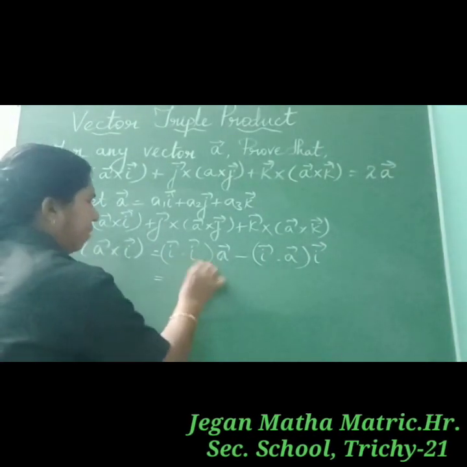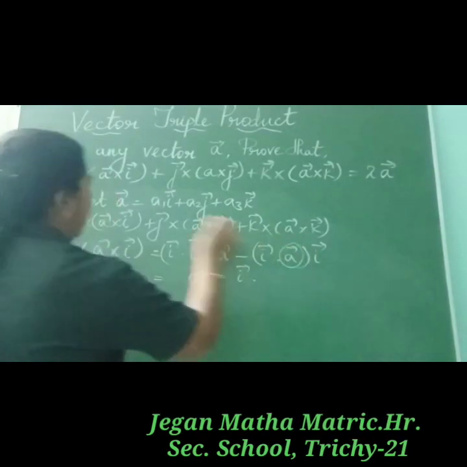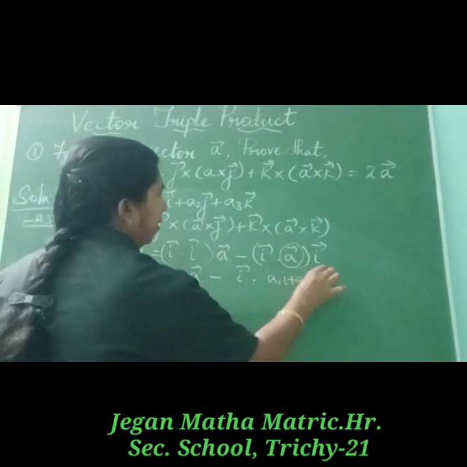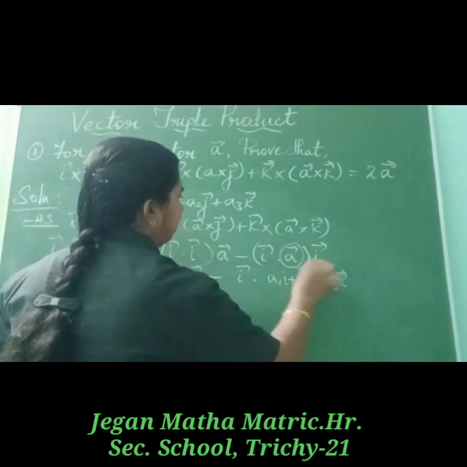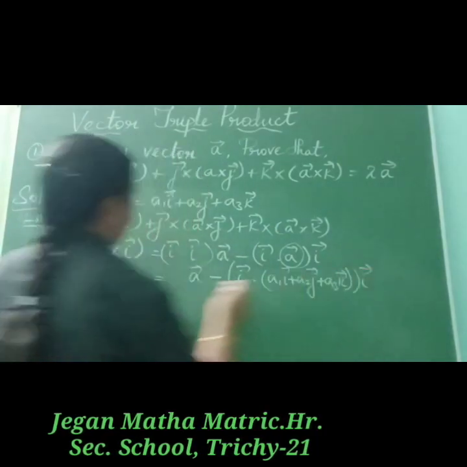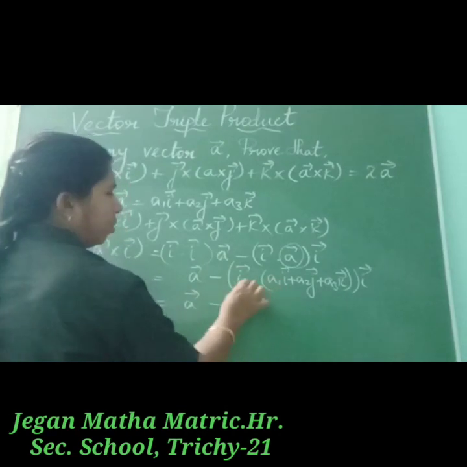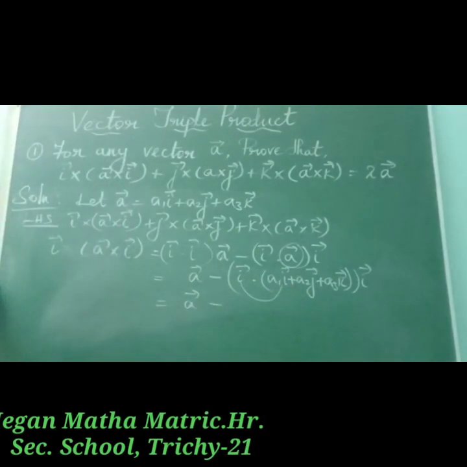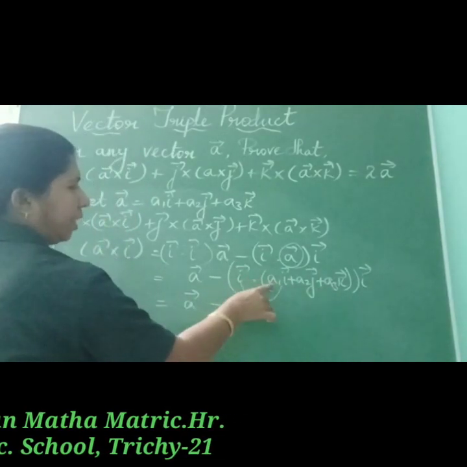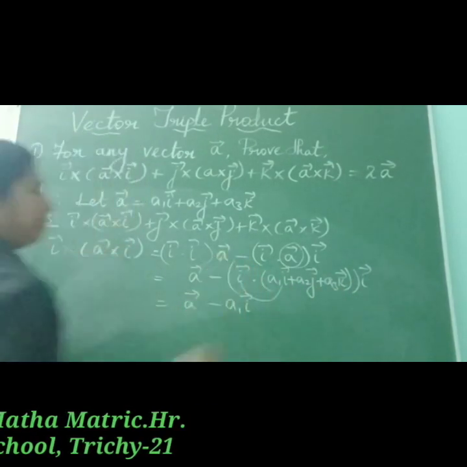So here you get A vector minus I dot, the value of A we assumed, A1i plus A2j plus A3k, into I vector. So only one dot product survives, the remaining become 0. I dot I gives only A1, so we get A1 into I vector.